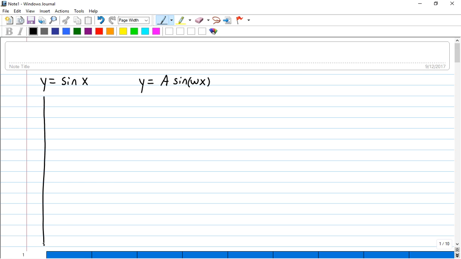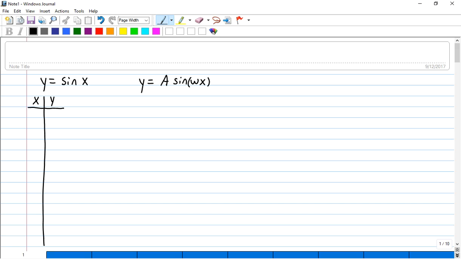This is going to have to be a pretty big table because sine of x has a lot of different values that we've covered, right? So let's say that I have an x and y table, and does anybody remember the period for sine?